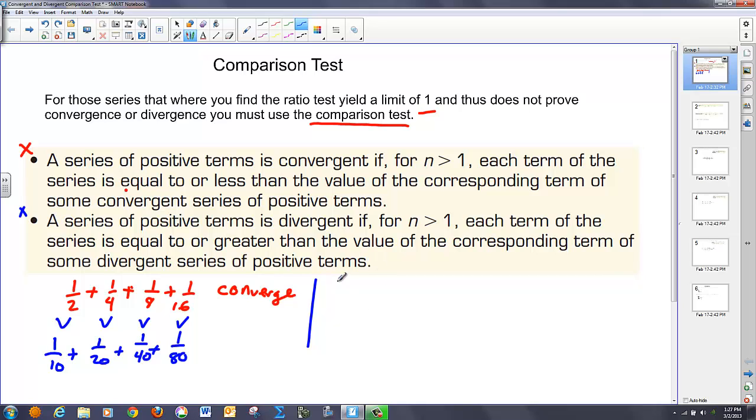If I were to say 2, 4, 8, 16, etc., etc., we know this would diverge.